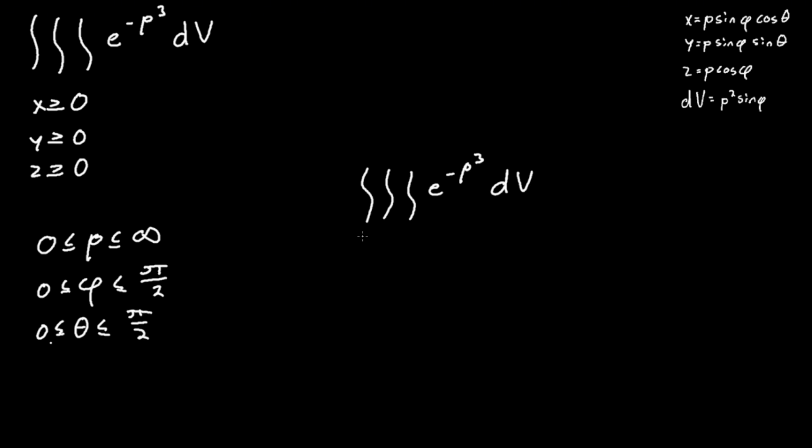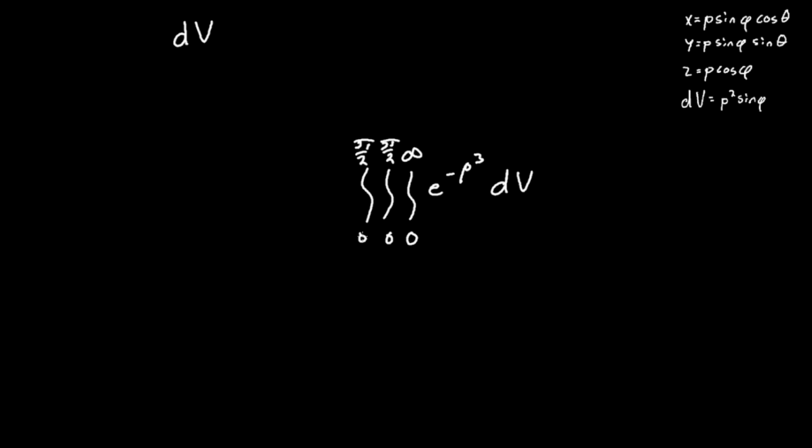And remember, theta is the angle that rho makes with the positive x-axis. So now that we have our bounds, we can actually just write them down. 0 and infinity, 0, pi over 2 and 0, pi over 2. And what do we do with the dV? Well, for dV, we have to write our transformation factor into here.